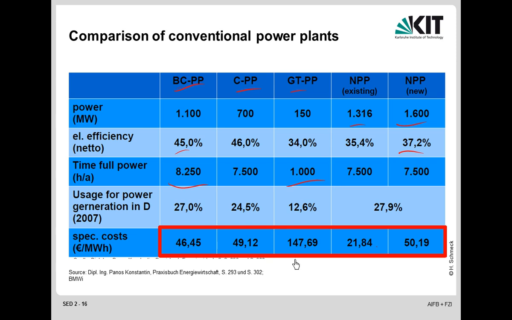Like here you see 147 euro per megawatt hour, which means 14 cents per kilowatt hour, whereas for the others you are in the range of 4 or here 2 cents. This was much too low there, not realistic accounting. 5 cents, or here 4 to 5 cents, something like that. And from gas turbines, something like 15 cents per kilowatt hour. This is too expensive. But we need them. We should use them because it's a much cleaner way of generating power.